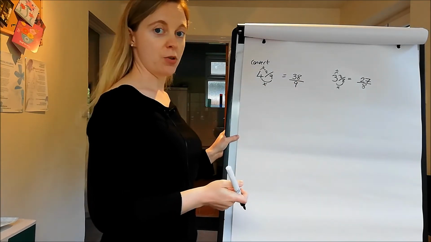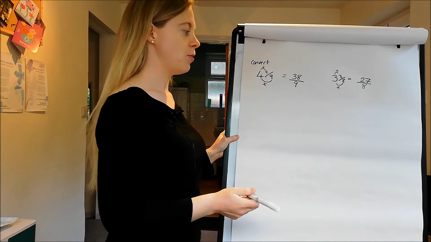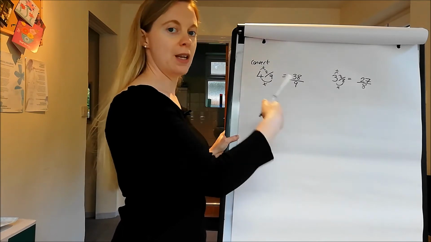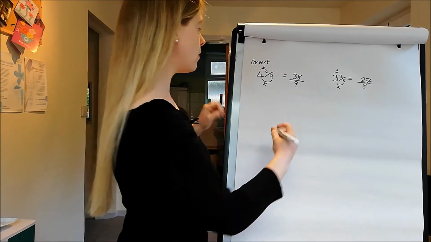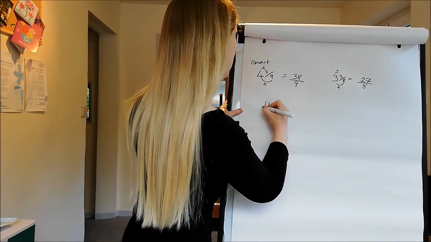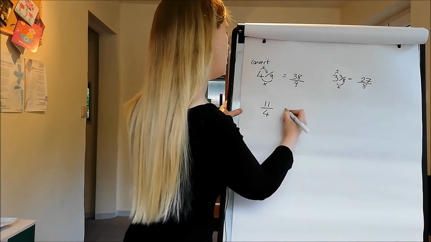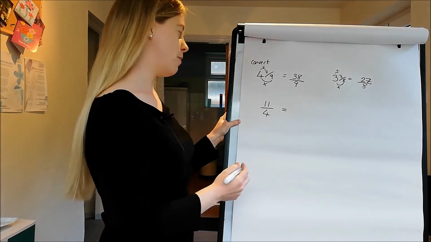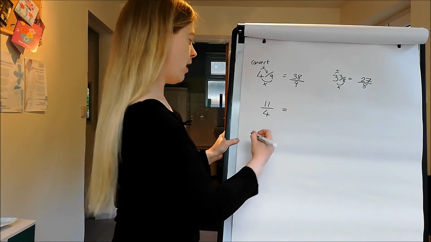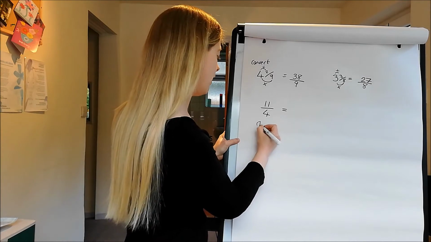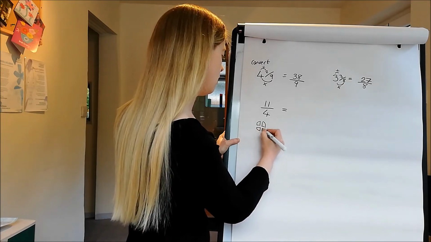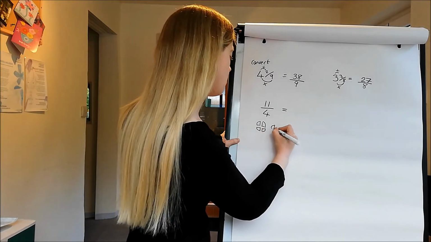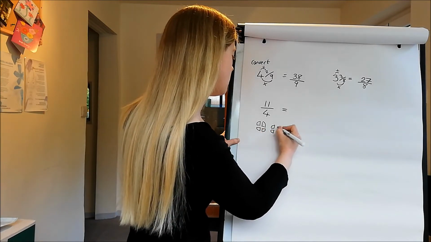We now need to be able to go the other way. We need to be able to go from improper fractions into mixed numbers, and that's the exact opposite. So if I have 11 over 4 and I want to change that into a mixed number, if I have 11 quarters of cake, which might take me some time to draw, I apologise.